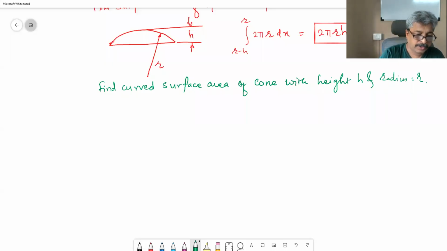So if we have a setup like this, this angle is alpha, then y is equal to x tan alpha is our equation of the curve.